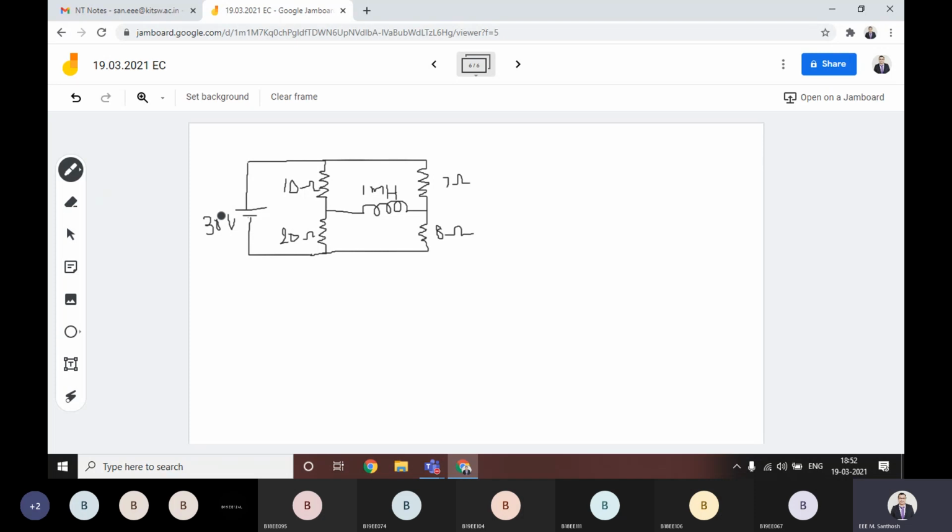Inductor does not allow sudden changes in current. Anyone? If it is wrong also, no problem.